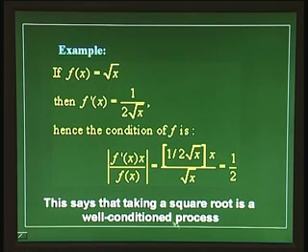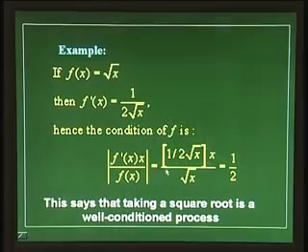So it's not bad. Any approximation you make in x, you don't have to worry when you compute the square root of x, because the condition is always less than 1. So it's well conditioned.